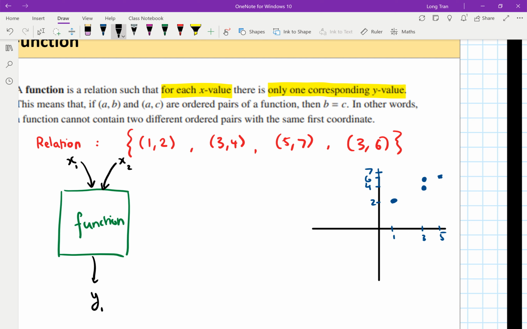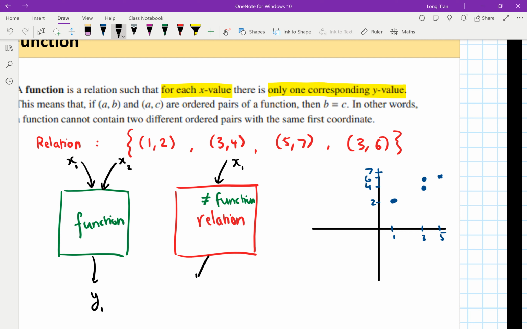That's the thing. What you can't have, as an example, is something like this. So a relation, well, not a function, is when you put in an x value and it splits out two potentially different values, y1, y2. That's when it's not a function.